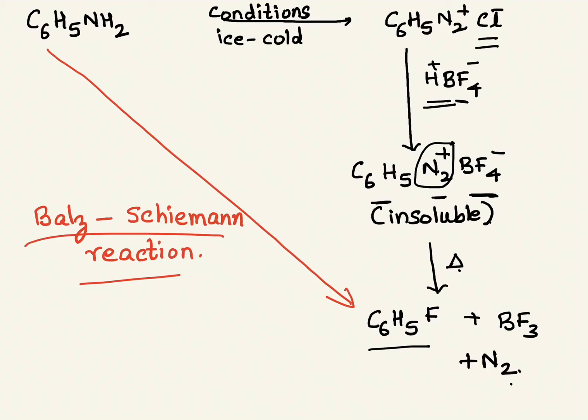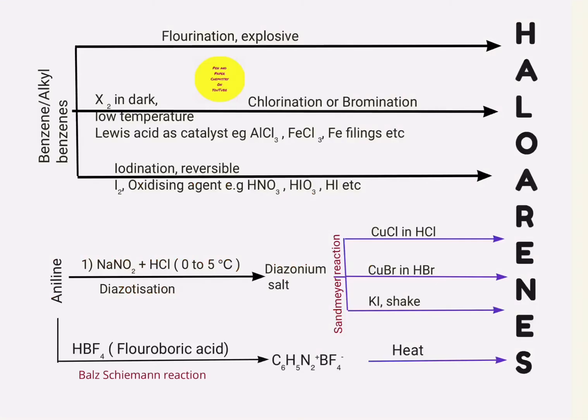So which chart am I talking about over here? Wouldn't you like to put all these reactions on one page so that you can have a quick glance through? There you go. So we have the flow chart ready for haloarenes.